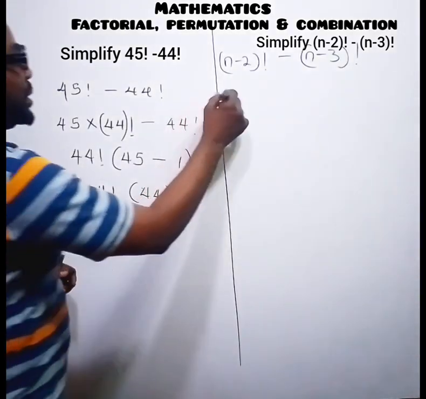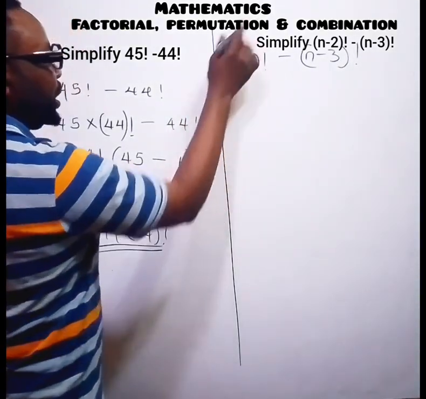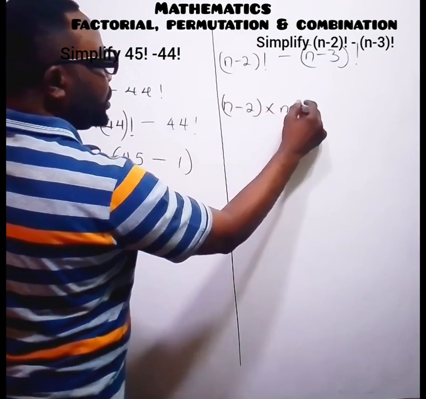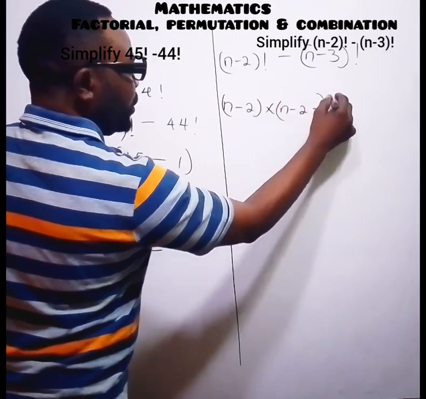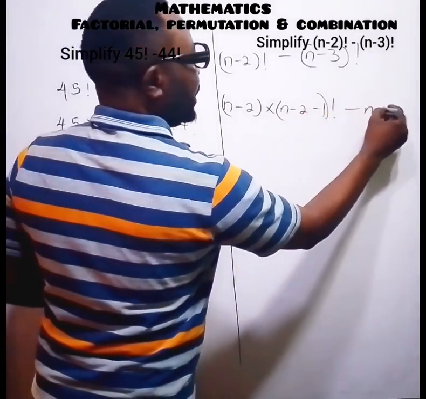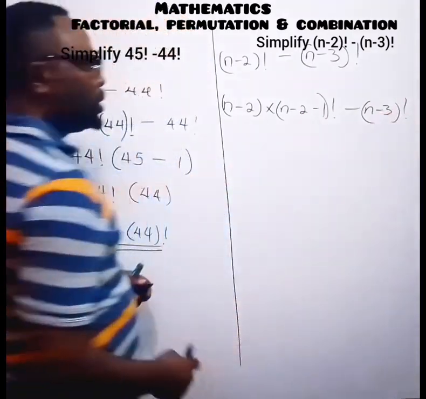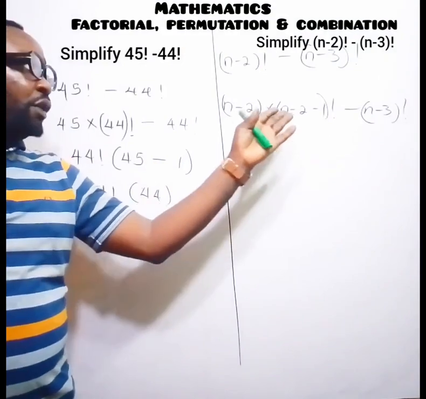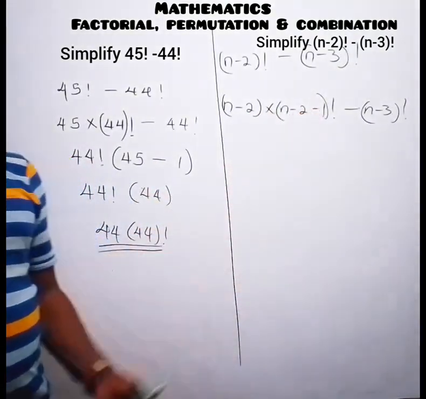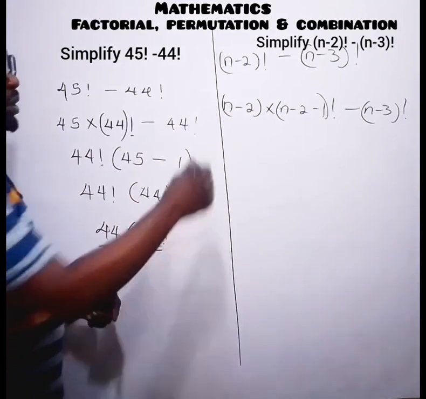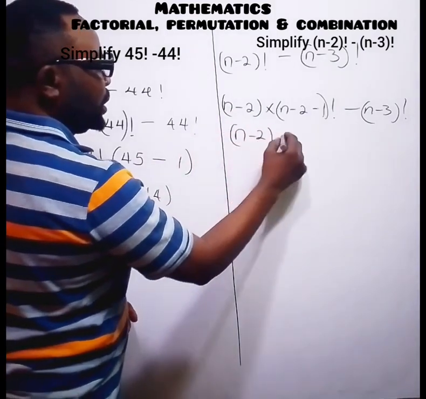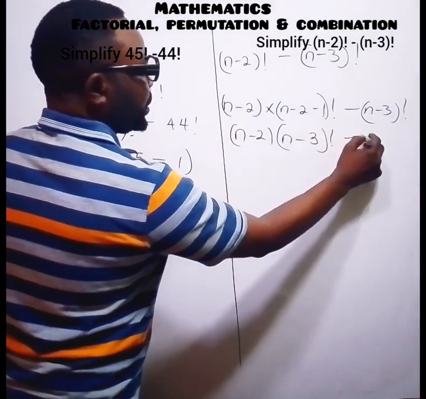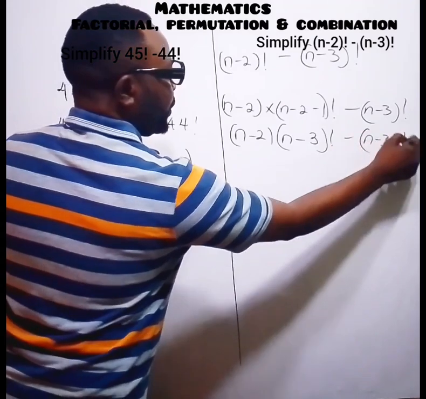So to simplify this expression, I can say n minus 2 multiplied by n minus 2 minus 1 factorial minus n minus 3 factorial. Somebody will ask why I stop here. It is n minus 2 minus 1. If you look at it very well, minus 2 minus 1 will give us minus 3, which means n minus 2 times n minus 3 factorial minus n minus 3 factorial.